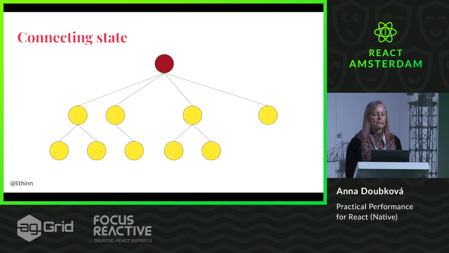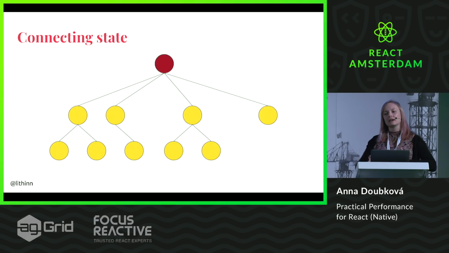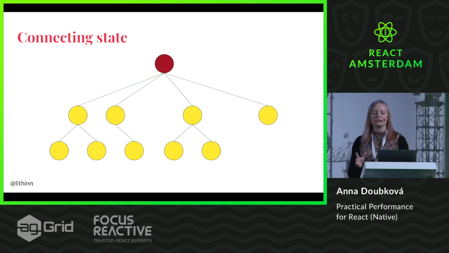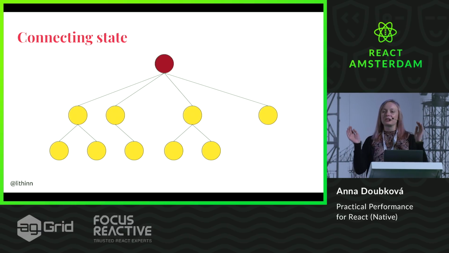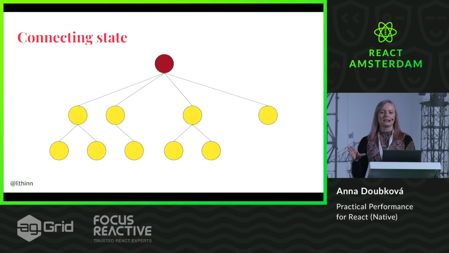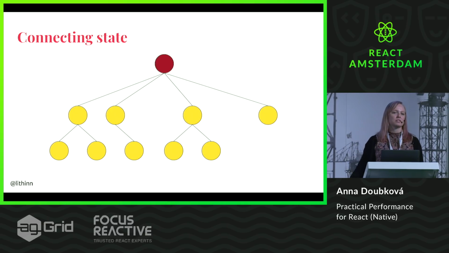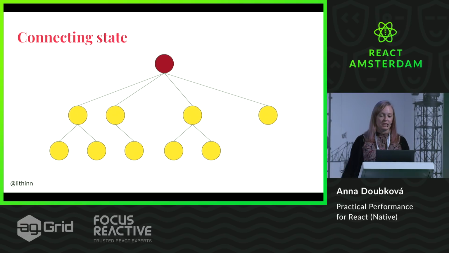And then the way you connect state is a little bit controversial, because I did say that the connect and the mapping functions get run every single time you update state. But imagine that you connect a whole screen with one connect, which we did, so that you save up on that. But that means that you then have to pass all the props down the whole tree. And sometimes the tree isn't just 3 levels deep, it can be 10, 15 levels deep easily.